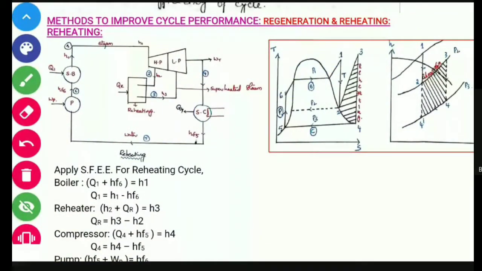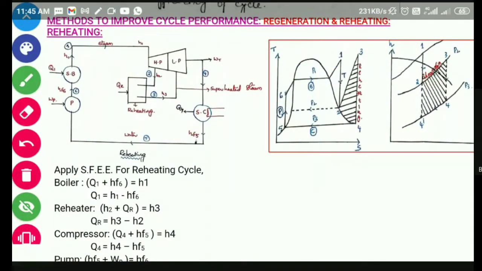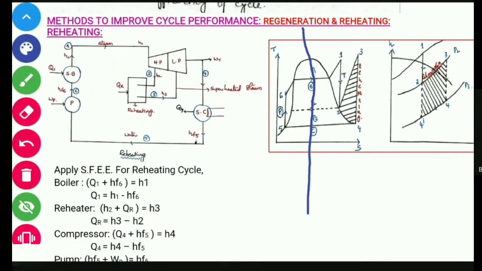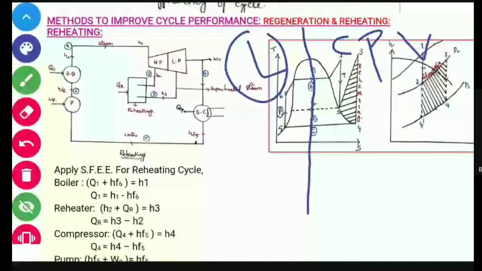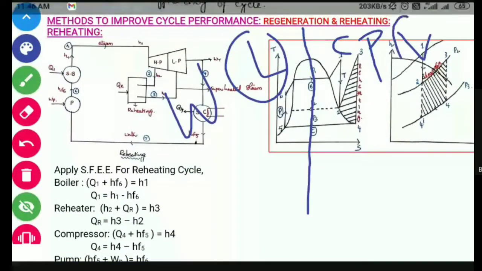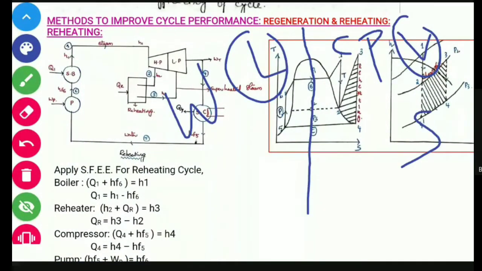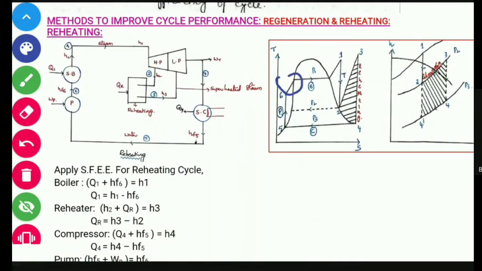The center point indicates the critical point. This is the liquid line, this is the vapor line. Liquid or water, and vapor or steam. That means initially you have to send the water to the boiler, and at the end of that, we get the steam.